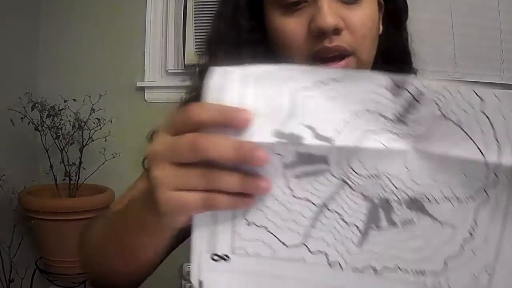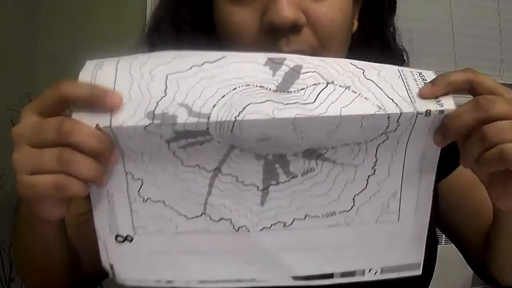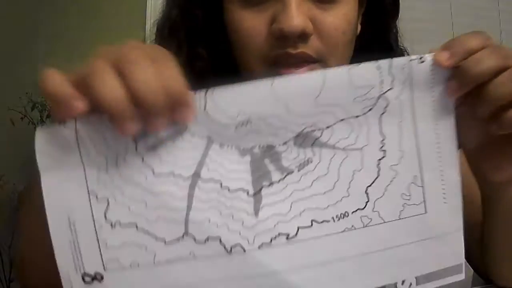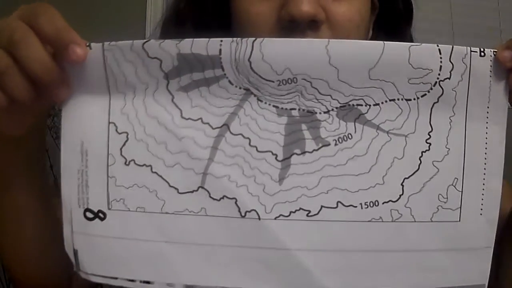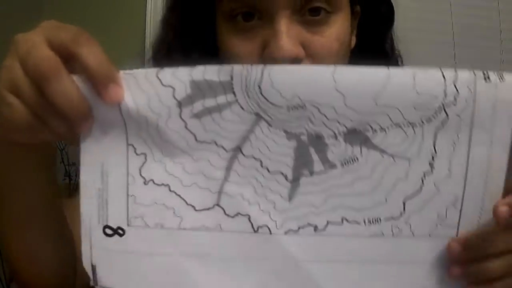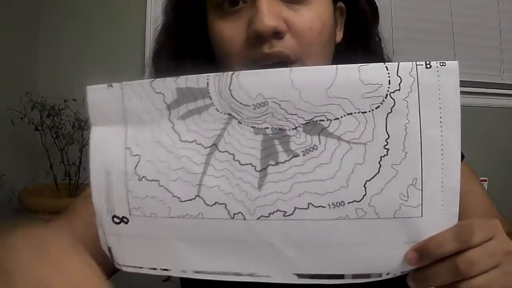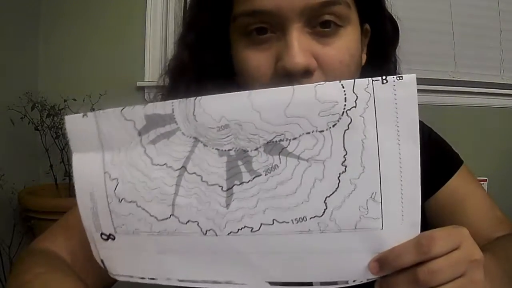Then we compared it to our second map. This is the new topographic map, which shows the shape of Mount St. Helens after its eruption in 1980.